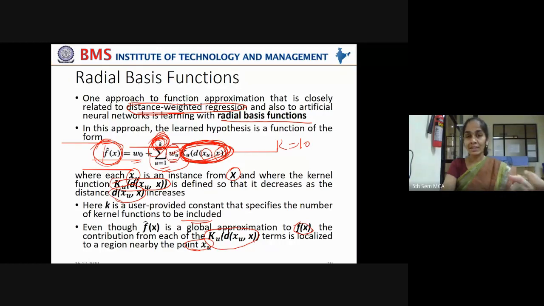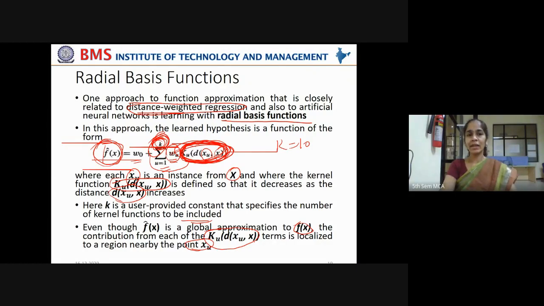Why? Because as the distance is decreasing, the kernel function's value will increase. As the distance is increasing, the kernel function's value will reduce, right? So for all the nearest neighbors, this kernel function will have higher value. So that is how this global approximation will be measured in terms of localized values, nearest neighbor values.